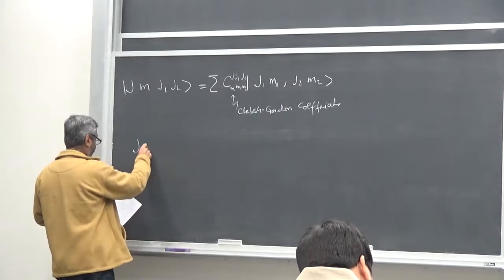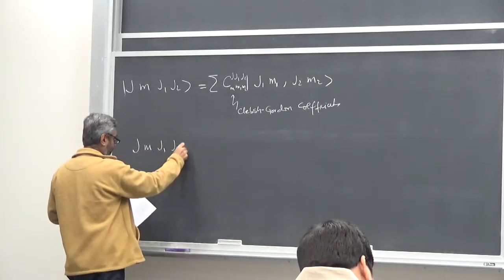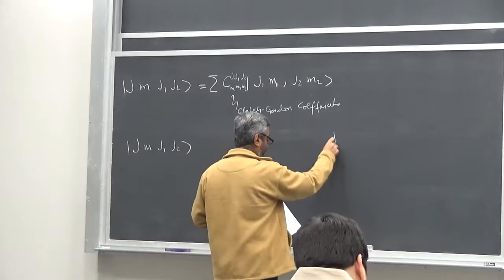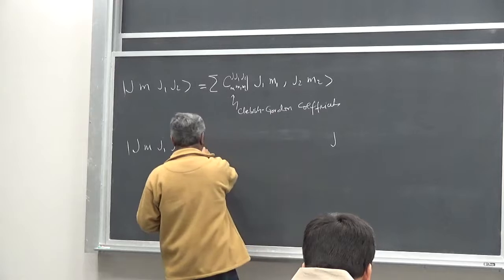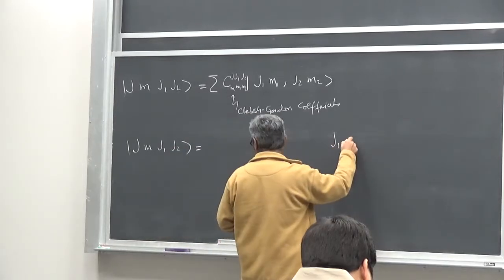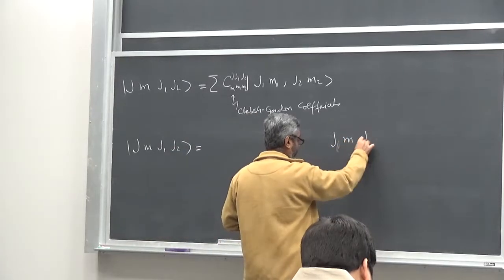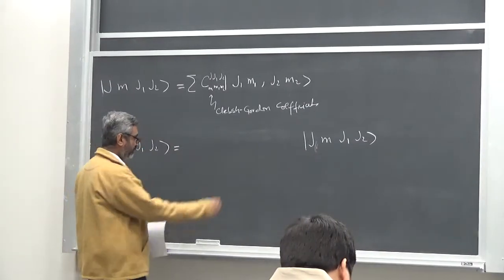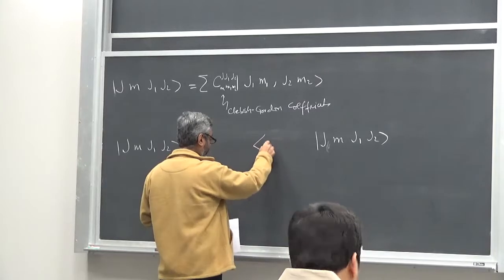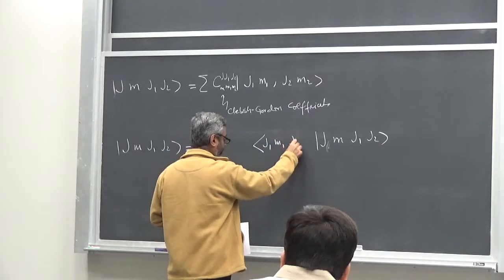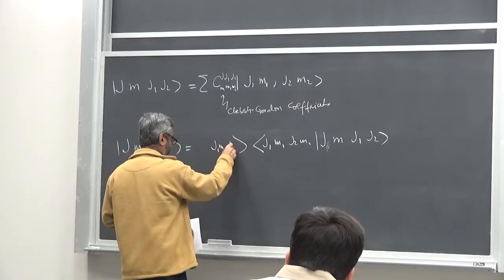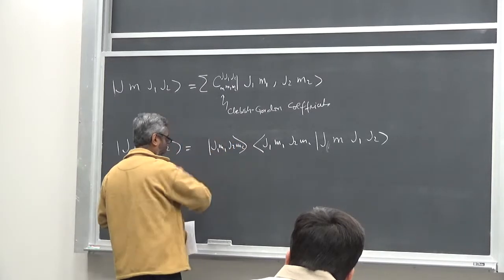See, JM, J1, J2, this is the state. And so this is equal to JM, J1, J2, right? And then of course I can insert a 1 here, which is J1, M1, J2, M2, J1, M1, J2, M2, and what?